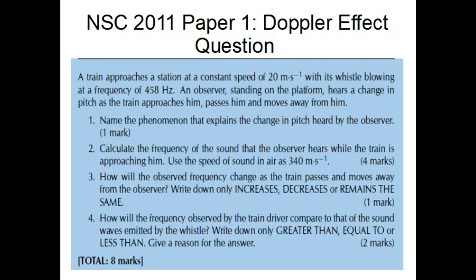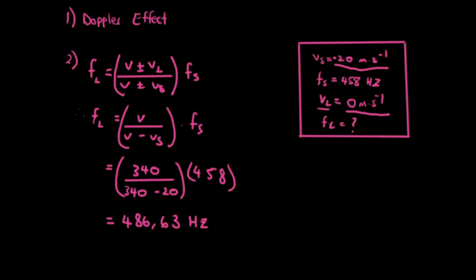Now the train has passed him and is moving away from him. So it's clear to understand here that the observed frequency, or the frequency heard by the stationary observer standing on the platform, will decrease. Hence the answer for number 3 is decreases.